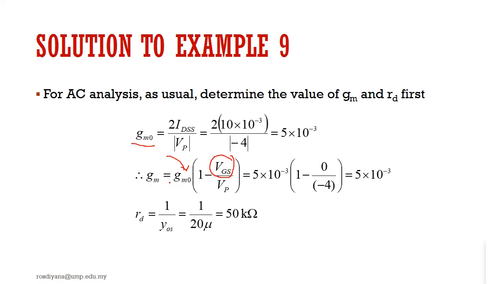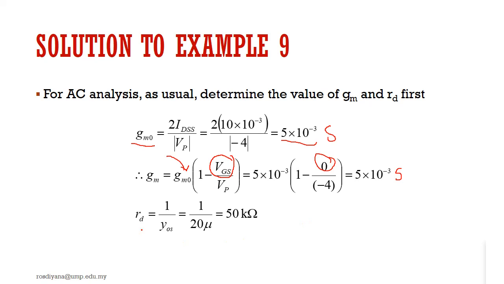So GM equals GMO, which is 5 millisiemens. Remember the unit is Siemens, multiplied by 1 minus VGS divided by VP. VGSQ from the last calculation is equal to 0.